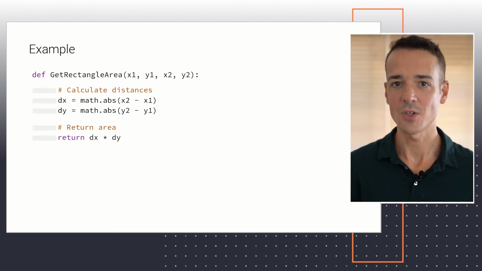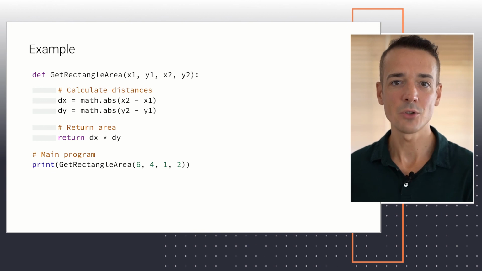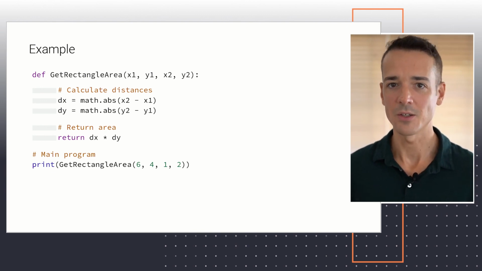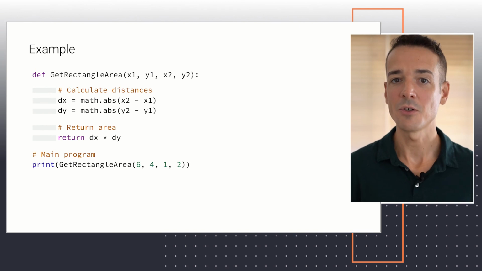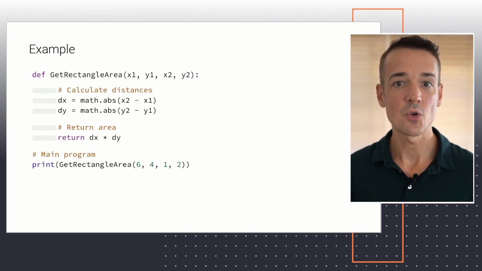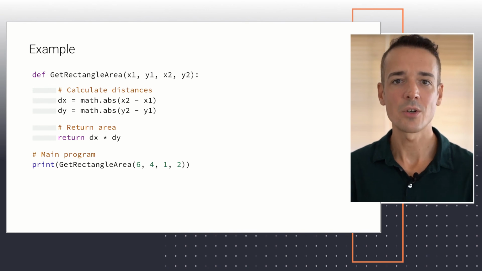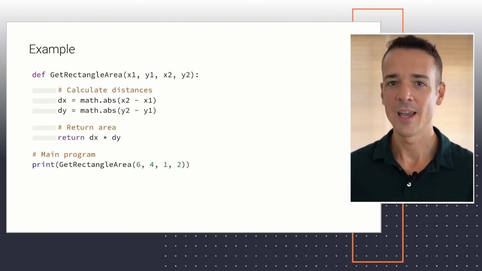In our main program, we can test the behavior of this function by calling it with the coordinates of the 2 points representing the rectangle. Instead of saving the return value in a variable, we'll simply pass it as an argument to function print, so that it gets printed directly into the terminal. The first call uses the coordinates of the 2 points for the first rectangle shown earlier, 6, 4 and 1, 2, and passes them as the function arguments.